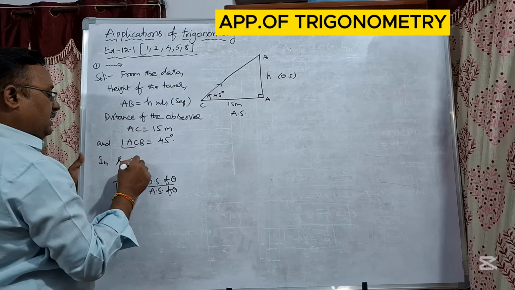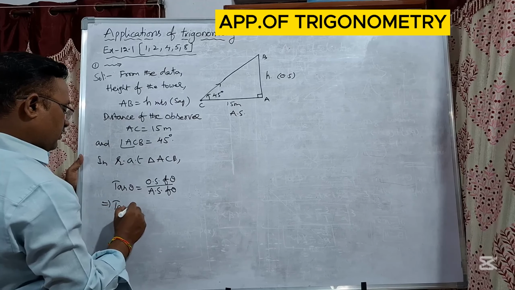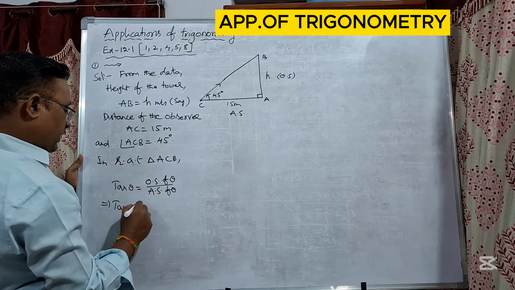Tan theta equal to opposite side of theta by adjacent side of theta. That implies tan 45 degrees equal to opposite side AB by adjacent side AC. That implies tan 45 means 1 is equal to AB, that is the height I want, H, by AC, 15 is given.